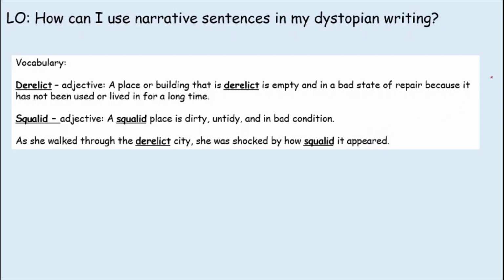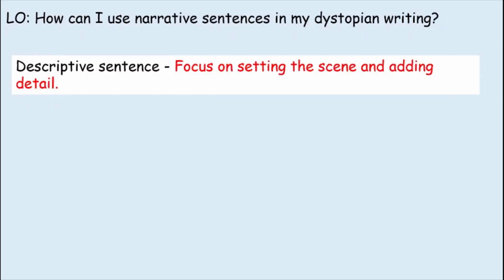Okay, good. When we're writing sentences within creative writing, there are two main types of sentence that we use. The first one is a descriptive sentence. When we use our descriptive sentences, we're writing descriptions, and what we're doing is focusing on the setting of the scene and adding detail. So we might be describing a place.